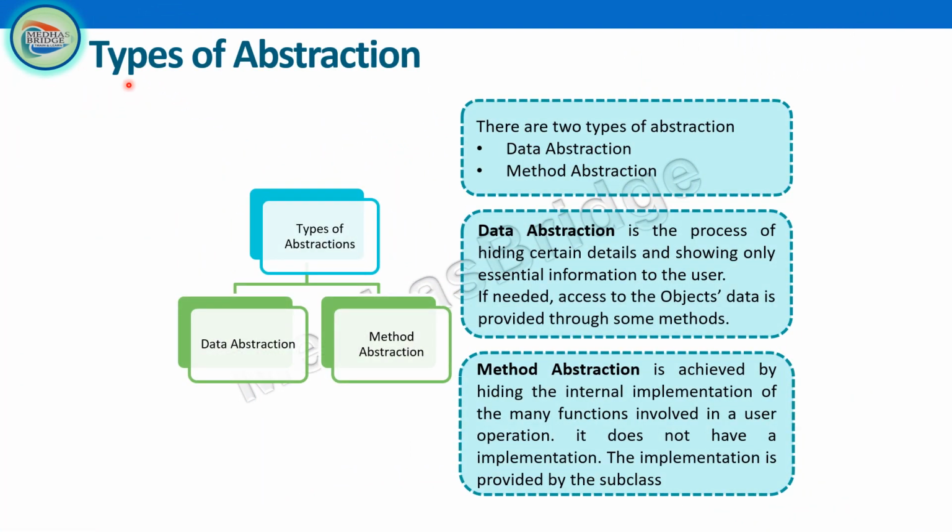Let's look at types of abstraction. There are two types of abstraction: data abstraction and method abstraction. Data abstraction is a process of hiding certain details and showing only essential information to the user. If needed, access to the object's data is provided through some methods.